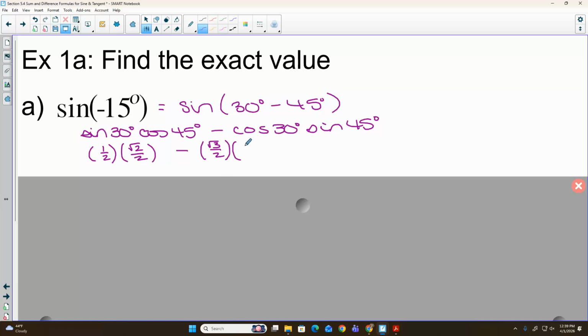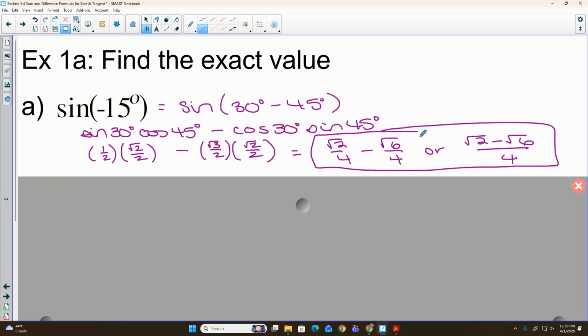Sine of 45, so square root of the top over 2, radical 2 over 2. You can write these like we talked about yesterday, either separate fractions or all together. So radical 2 over 4 minus radical 6 over 4.